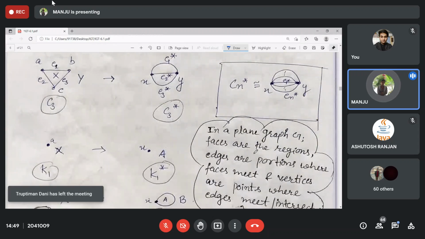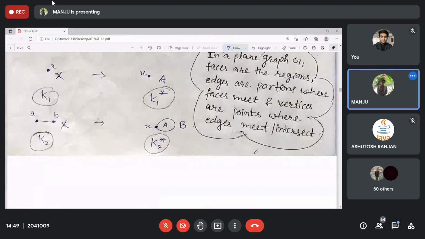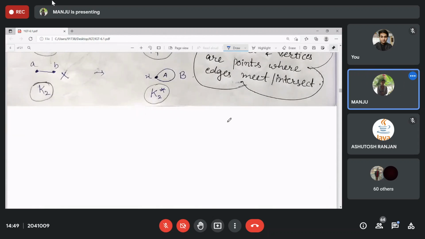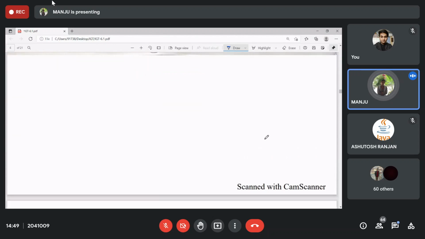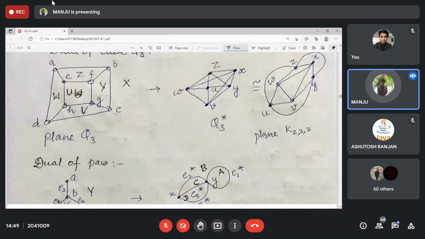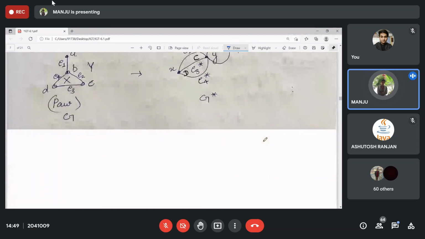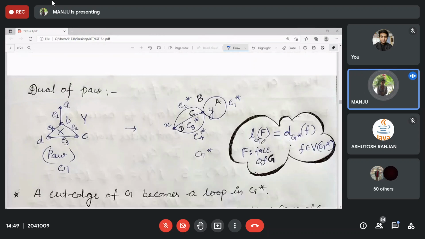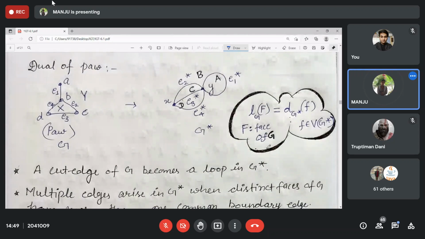For Pn it is n-1 loops. For Cn it will be 2 vertices and n multi-edges. Okay. Length of each face can be found by just counting the number of edges on the closed walk, right?